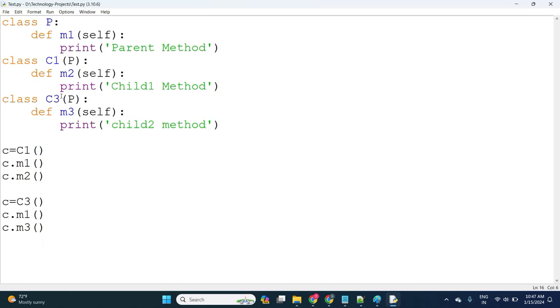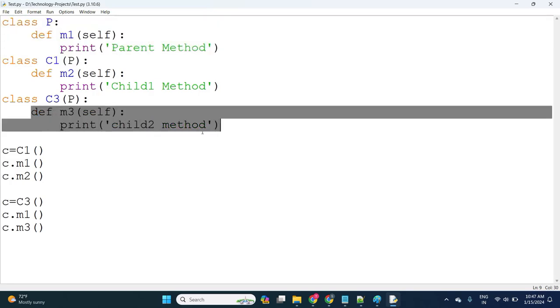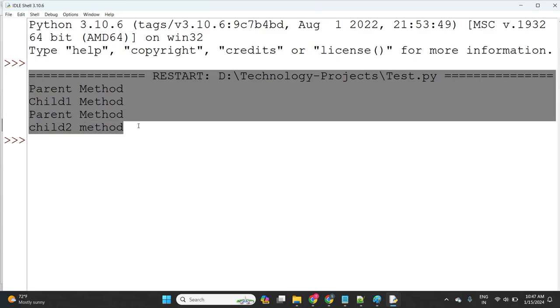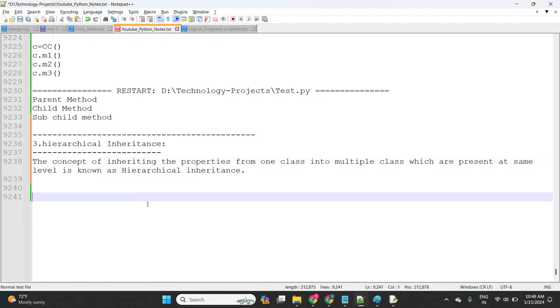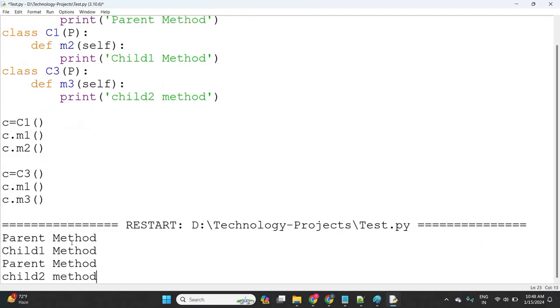So we can call the parent instance method and the child instance method. Observe the output here: parent, child 1 method, parent, child 2 method. So this is nothing but hierarchical inheritance. Clear, right?